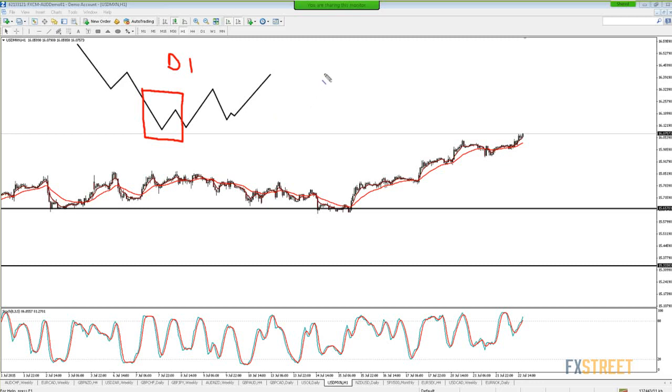on a 4-hour. So a downtrend is a series of lower lows and lower highs. It's a very common, very simply used statement, but about the most powerful thing that you have technically in your toolbox, other than support and resistance. And an uptrend is a series of higher lows and higher highs.